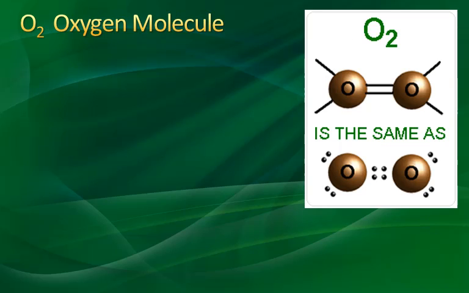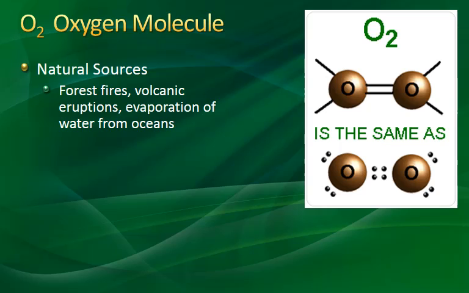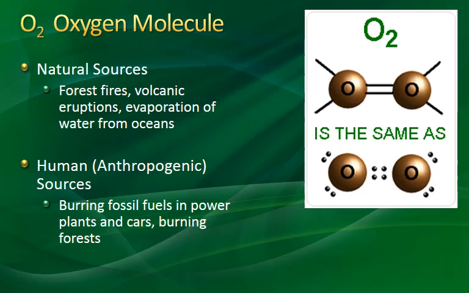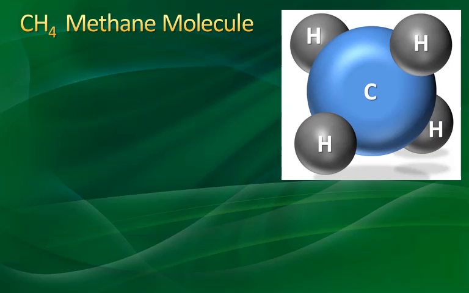And the next one here is the oxygen molecule, and so sources being forest fires, volcanic eruptions, evaporation of water from oceans, and human sources, burning fossil fuels and power plants and burning forests contribute to that.